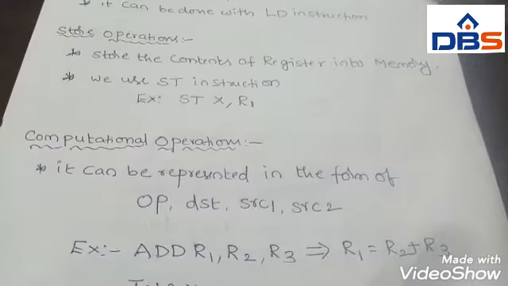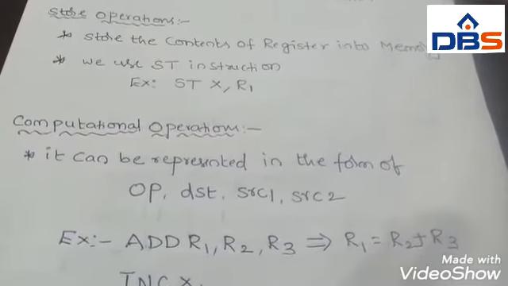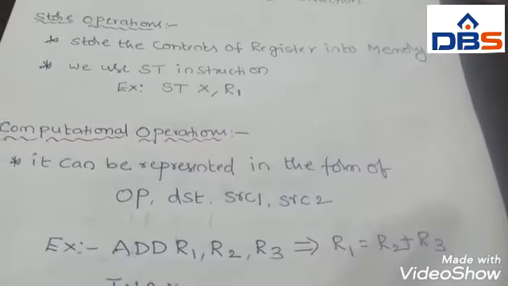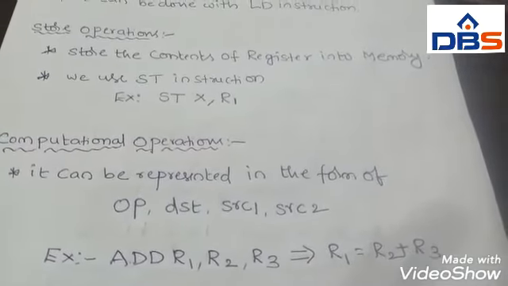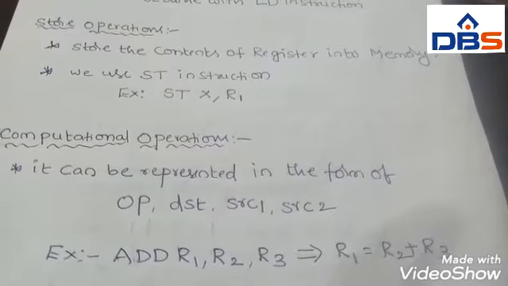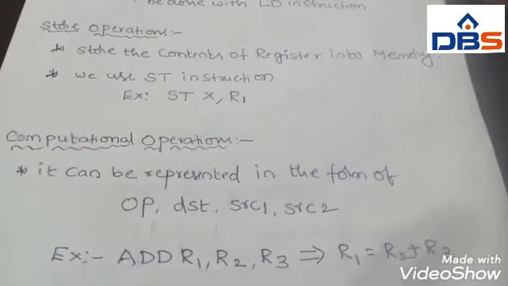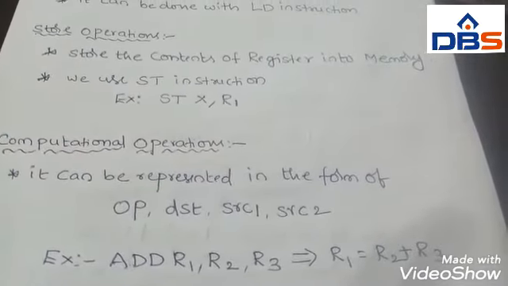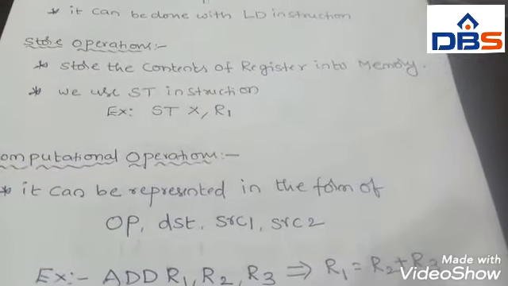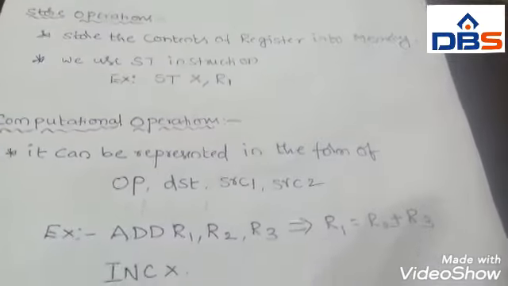Computational instructions are represented in the form OP, DST, SRC1, SRC2. OP is the operation we are performing, either addition, multiplication or division. The second argument is the destination, DST, whereas the remaining arguments are source arguments. In some examples, the destination argument acts as both source and destination.